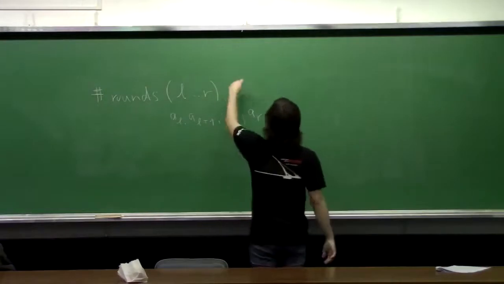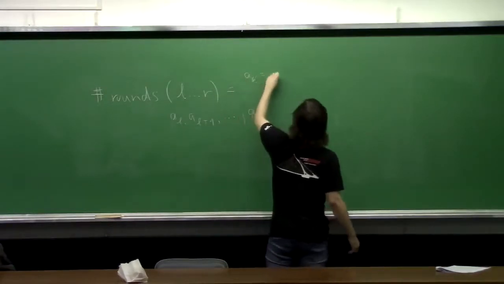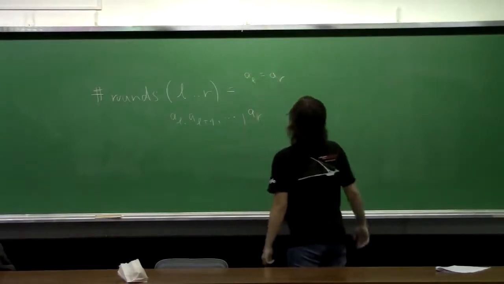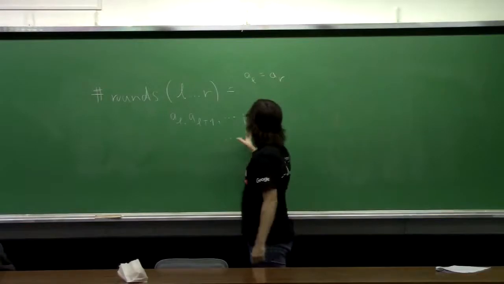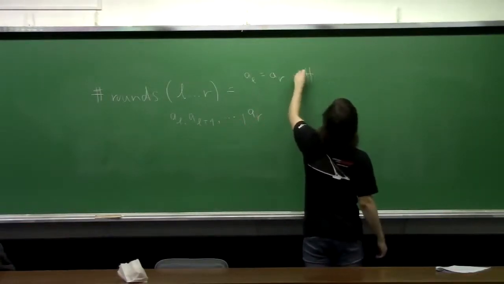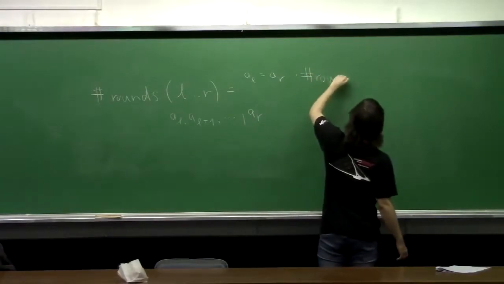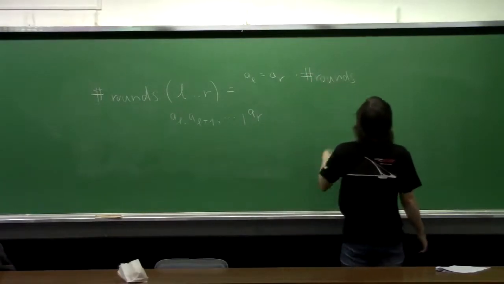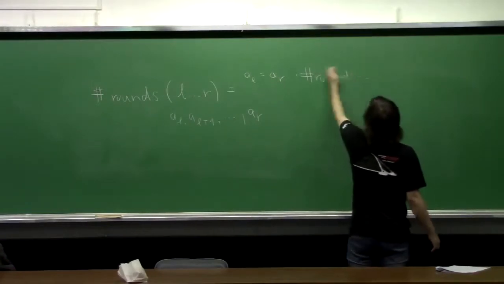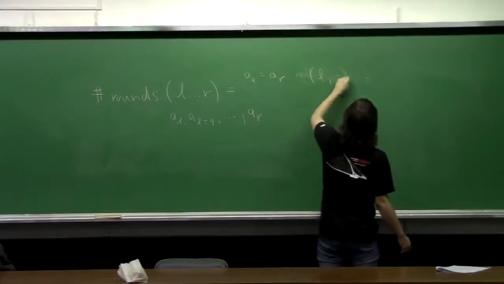So if AL is equal to AR, then we can shoot deck L and deck R, and this number of rounds, I'll just write it with LR.